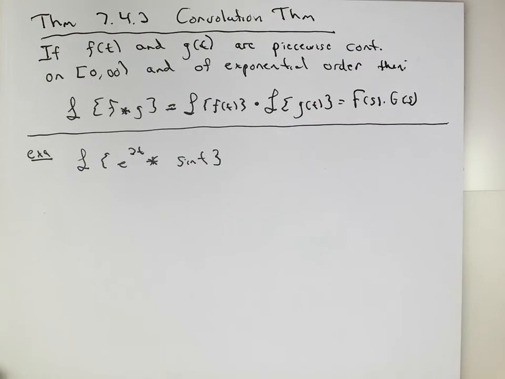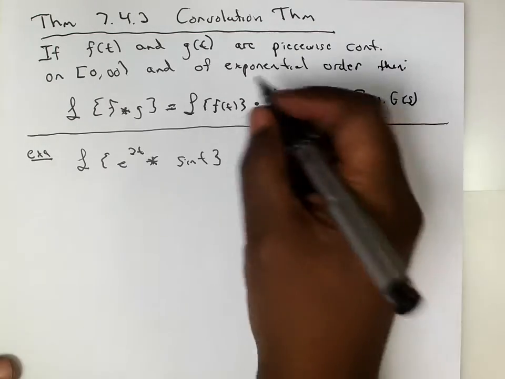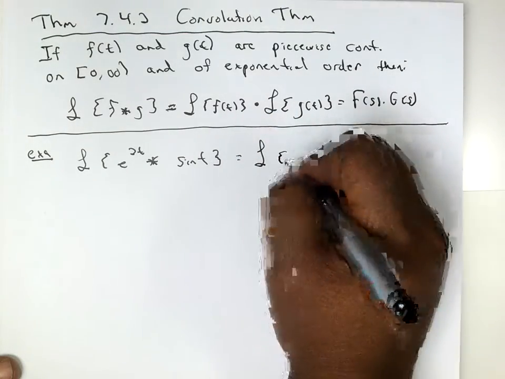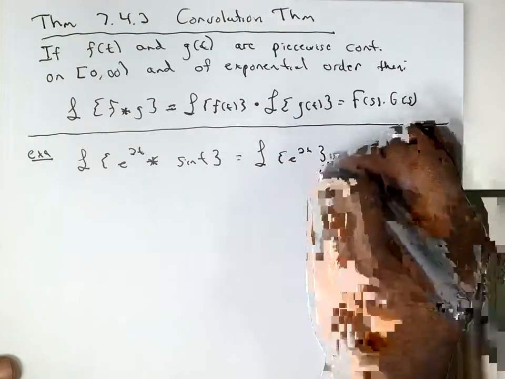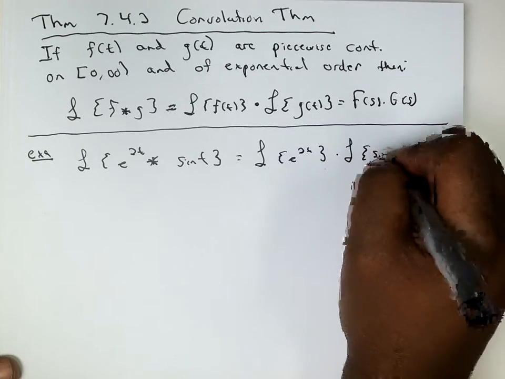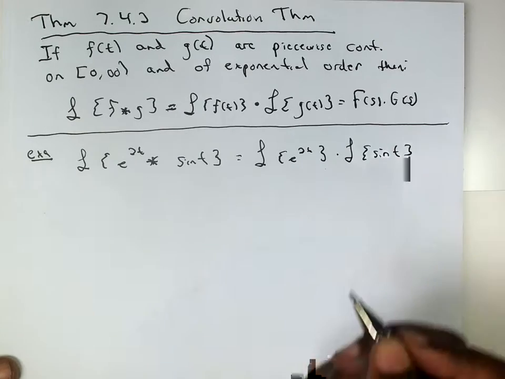So I have the Laplace transform of the convolution of e to the 2t and sine of t. So we can use our theorem, and it's going to be the Laplace transform of e to the 2t times the Laplace transform of sine of t.